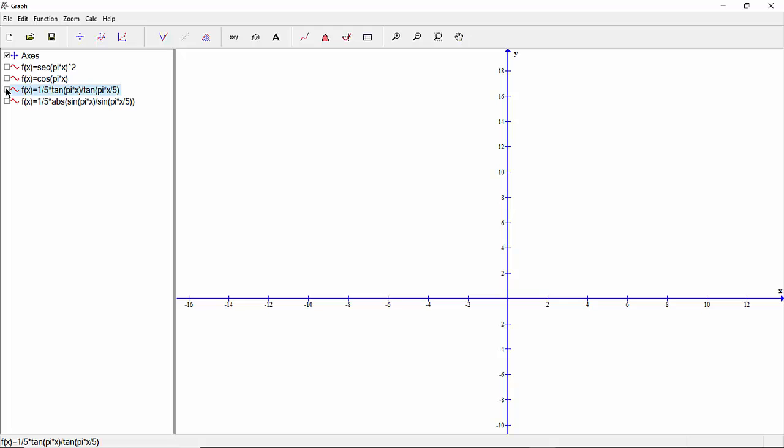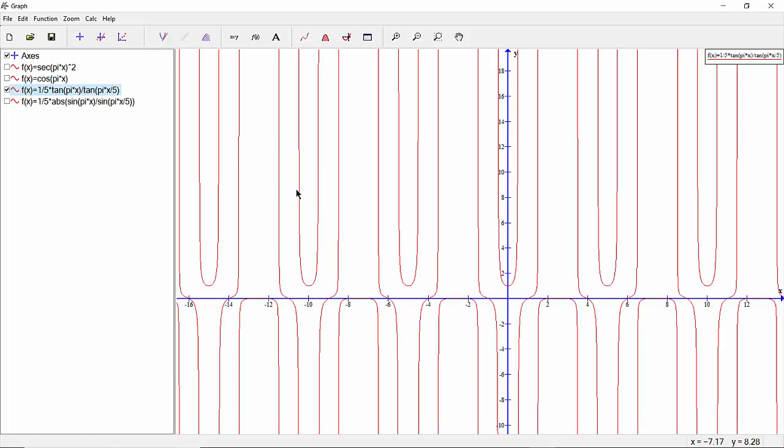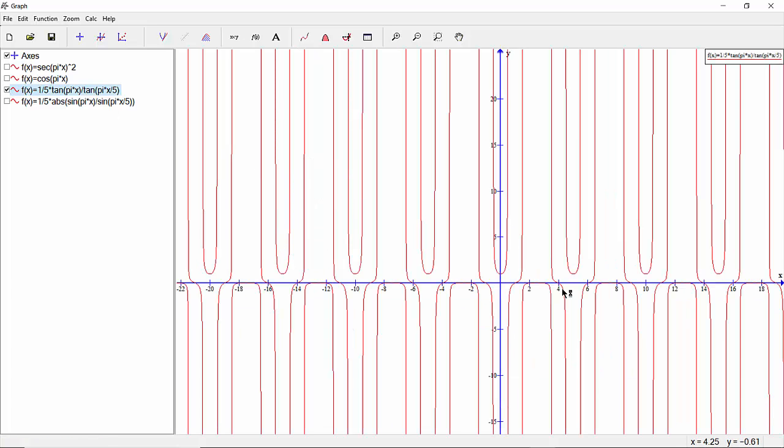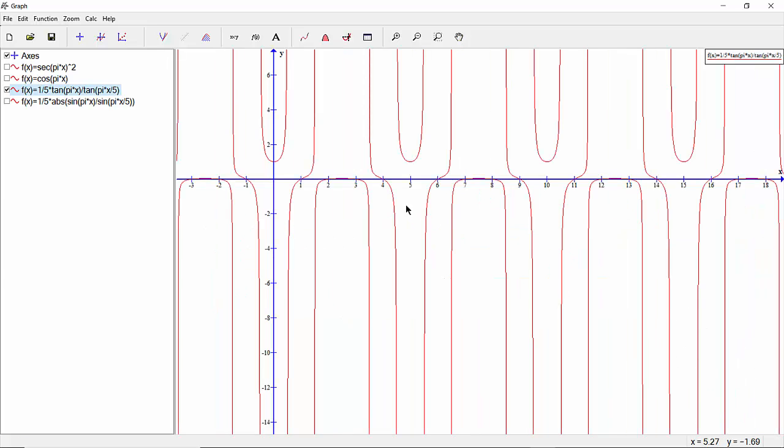So I am going to check this mark, and you can easily see from this graph, at point 1 the result is 0 because 1 is not divisible by 5. At point 2 also the result is 0 because 2 is not divisible by 5. Similarly, in the case of 3 and 4 also the value is 0 since it is not divisible by 5. And whenever the value 5 comes, the graph shows the coordinate of 1.